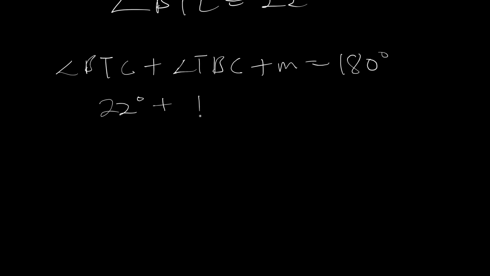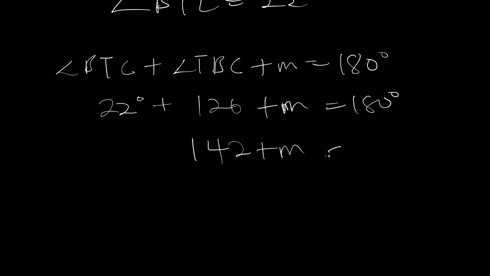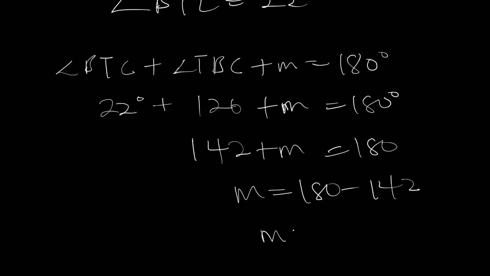So 22 plus 120 plus M is equal to 180 degrees. Now 22 plus 120 is 142, plus M is equal to 180. So when we make M the subject, M is equal to 180 minus 142. So our M will be equal to 38 degrees. So this brings us to the end of question 13A.